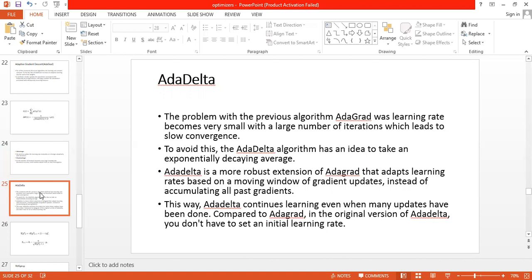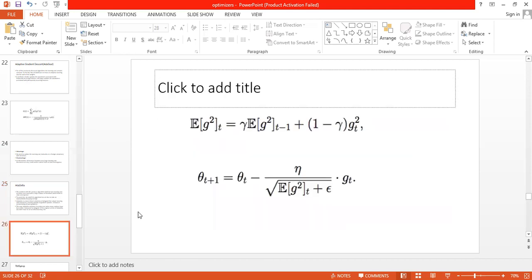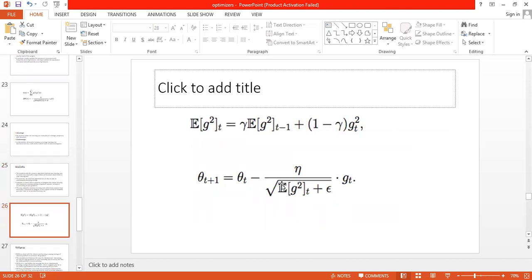In Adadelta the updates are comparatively very frequent compared to Adagrad, and we are not initializing any learning rate here. So this is Adadelta, which is just an extension of Adagrad, but not very different from it. This is the formula for Adadelta. You can see here we are getting the square term of the gradient.